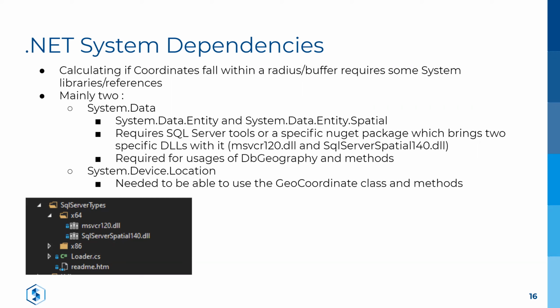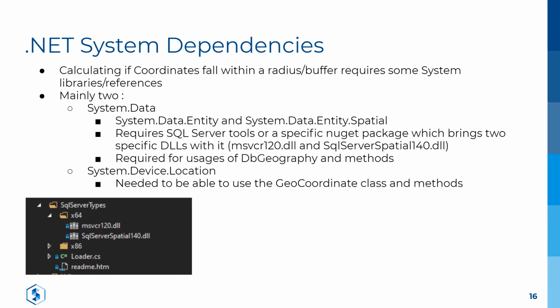Then you can use these system calls on an app service or Azure Function, because that's where I saw a lot of people running into this, when they ran it somewhere that didn't have SQL installed. So that is all required for the usage of the DbGeography classes and methods.